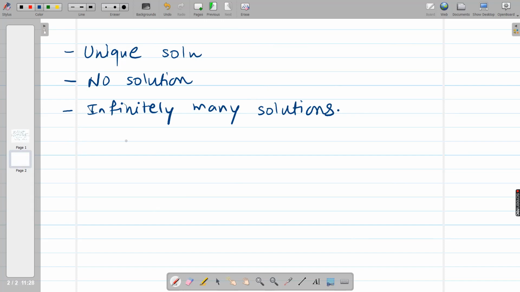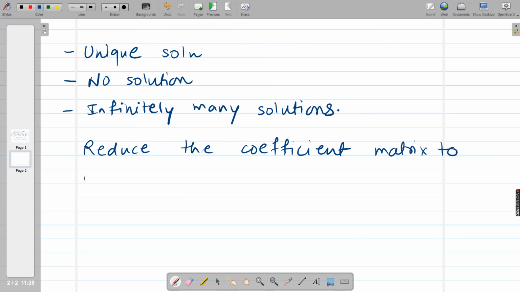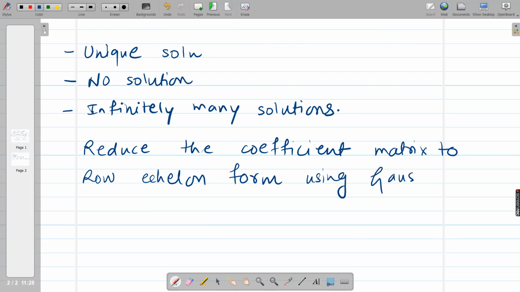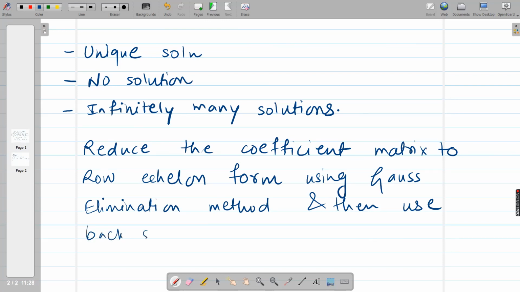What is Gauss elimination method? We are going to reduce the given matrix, reduce the coefficient matrix, to row echelon form using Gauss elimination method, and then use back substitution method if possible.